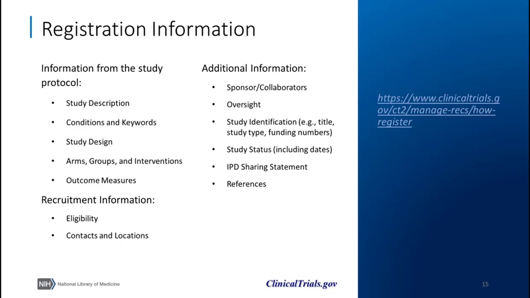And additional information about the trial is captured in the sponsor collaborators, oversight, study identification, study status, IPD sharing statement, and references modules. For example, the study identification module is the place to report the study title and type, that is, whether it is an interventional, observational, or expanded access study, as well as the associated grant number. The Study Status module is the place to indicate the anticipated or actual dates for starting and completing the study.